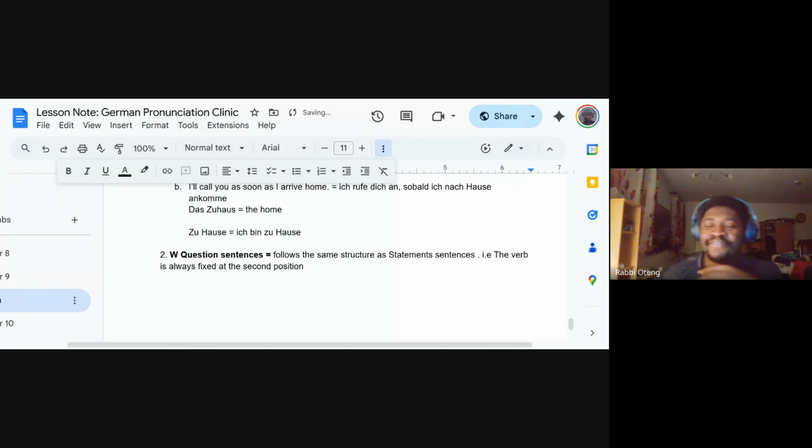Okay. So the flexibility with statements, sentences, which you can sometimes start with an adjective or the direct object, place. With W questions, the only difference between the W question and the statement is that there isn't that flexibility. It's fixed.